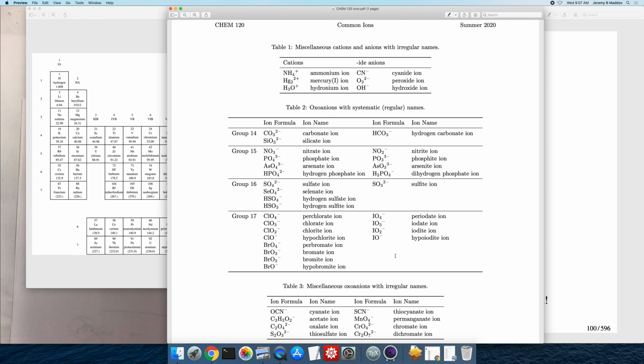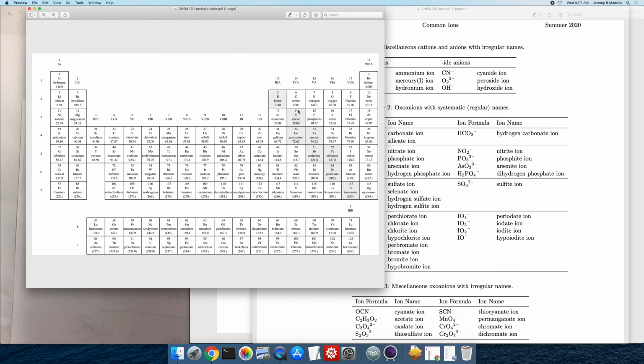And then here we have a table of oxoanions. Oxoanions are polyatomic ions that have a central atom, sometimes a nonmetal, sometimes a metal, and around those central atoms are various numbers of oxygen atoms, and then the whole species is charged. Here, group 14 refers to oxoanions coming from group 14 of the periodic table.